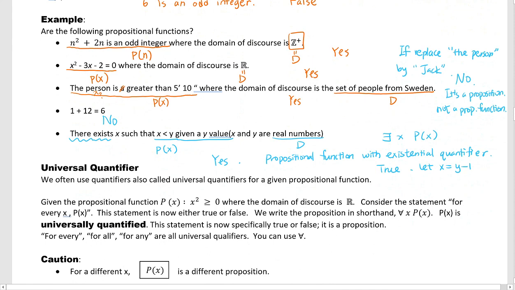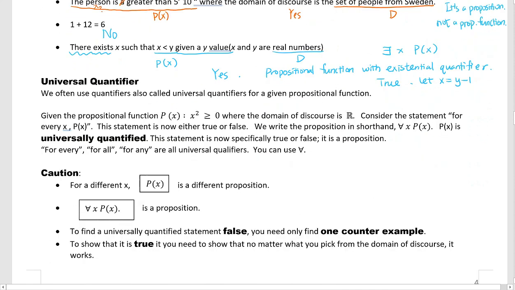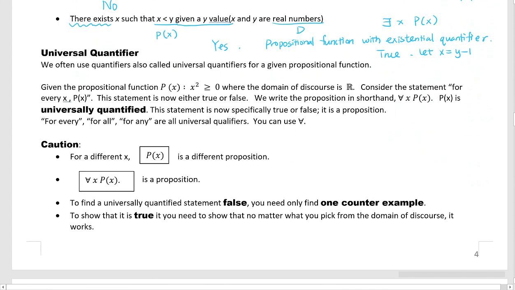Okay, next. What is the universal quantifier? We often use the universal quantifier for a given propositional function. So given the propositional function p of x, that is x squared greater or equal to 0, where the domain is R, consider the statement for every x, p of x.